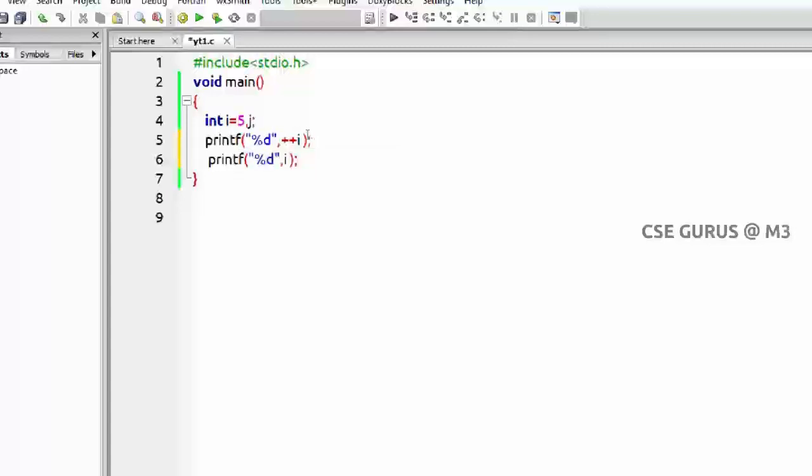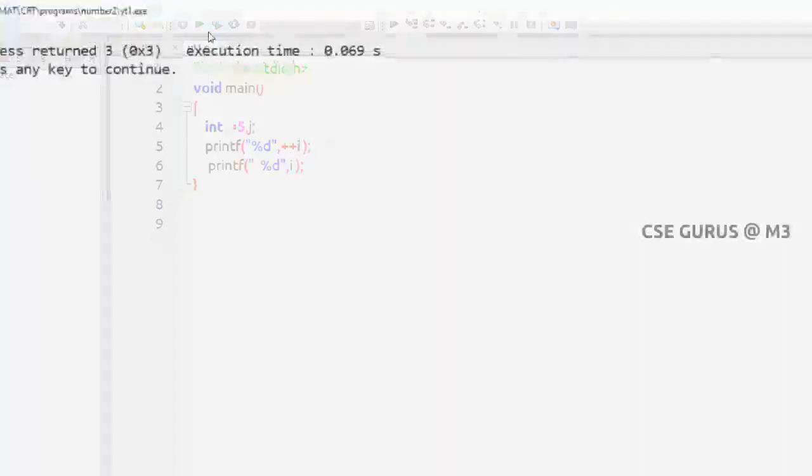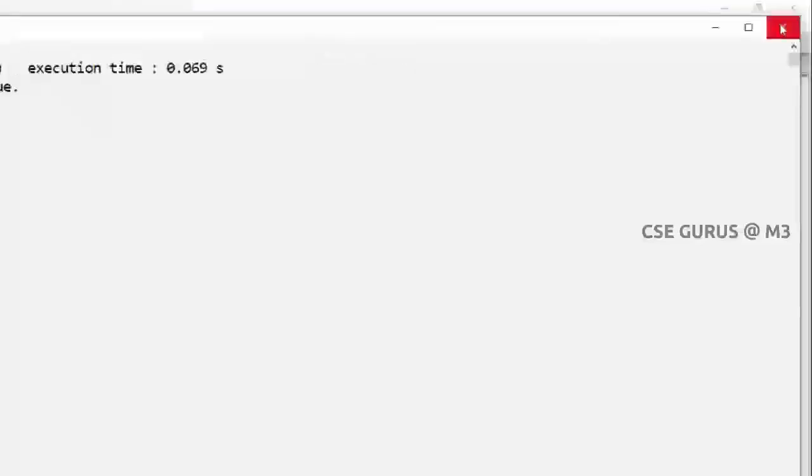In the next line you can see the value became 6, right? I became 6, so that 6 will come to the next line. So what will be printed here? First in this line it will print 6, then 6 will be printed. So 6 comma 6, you can see the output.